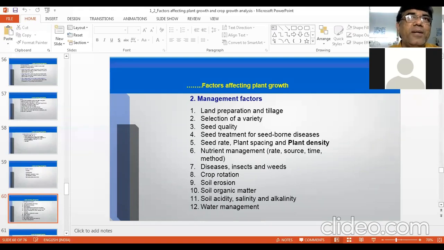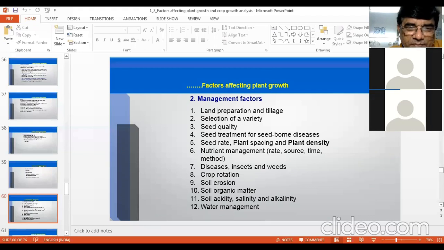How will soil organic matter affect the growth of the crops? Organic matter is the main ingredient that binds the soil particles, and due to the binding nature, it holds more nutrients and more water, and they will be available for longer periods of crop growth. So that's why the plant takes the nutrients and the water for a long time. Fantastic.